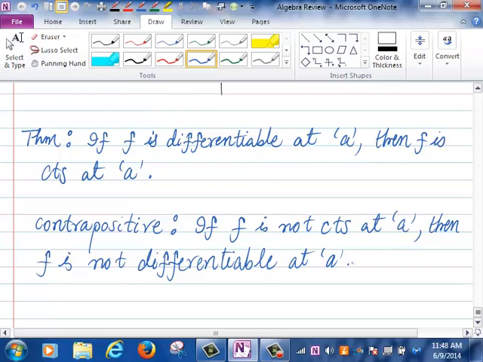What we can say, though, is that if f is not continuous at a point, then the function is not differentiable at that point. Am I making sense? But if the function is continuous at a point, then I cannot say that the function is differentiable at that point.